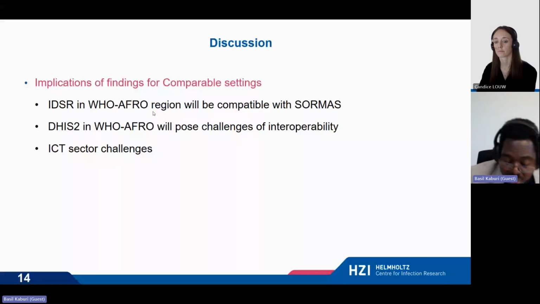And so in considering the adoption of SORMAS, these should be noted, and the LDBS would be a good assistant in alleviating some of these challenges.